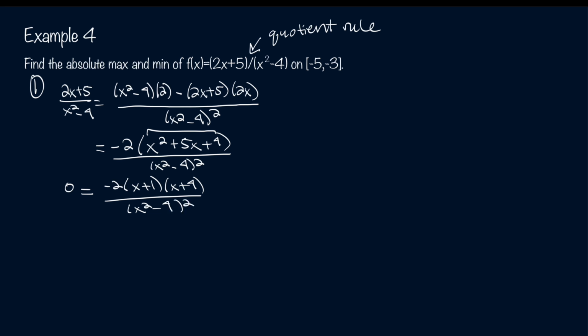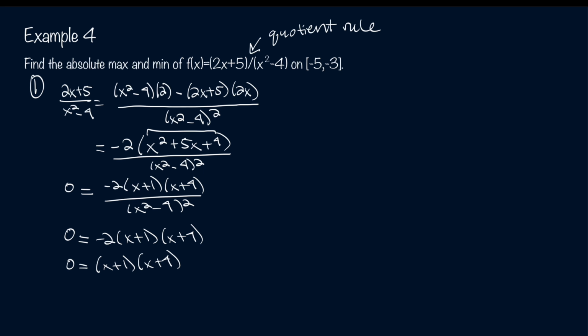And then, since we're dealing with fractions equal to 0, we're actually just going to get rid of the bottom, because if we multiply both sides by the bottom, it's just going to give us 0 equals negative 2 times x plus 1 times x plus 4. And then it'll be 0 equals x plus 1 times x plus 4, if you were to divide negative 2 on both sides. 0 divided by negative 2 is just going to stay 0.